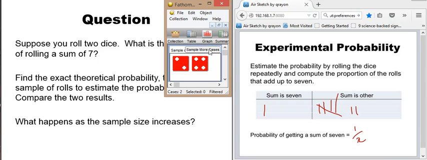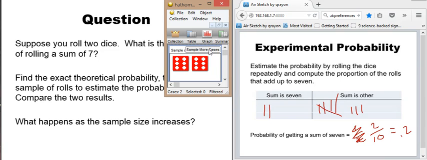Let's see, that's another 7. And let's see here, that's 9, so 1 more, 12. So if I count this, that means I had 7 twice out of 10 rolls. That was 2 out of 10. So my experimental probability is 0.2, which is pretty close to the actual probability.